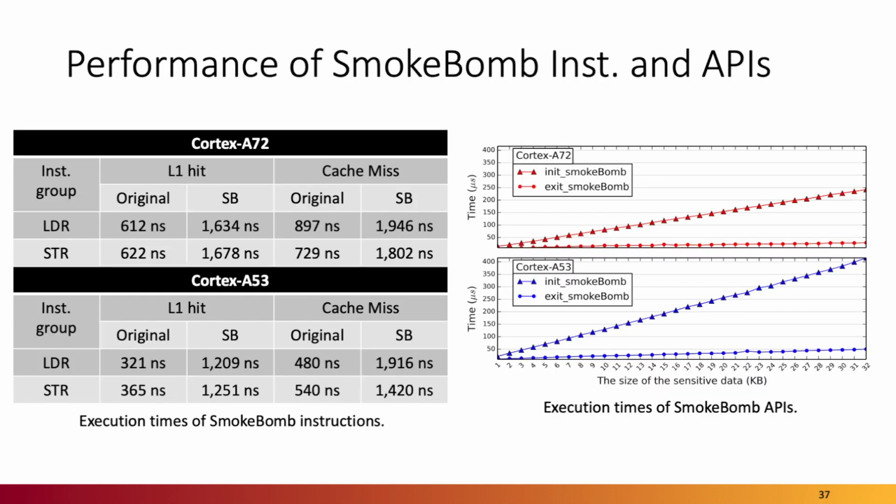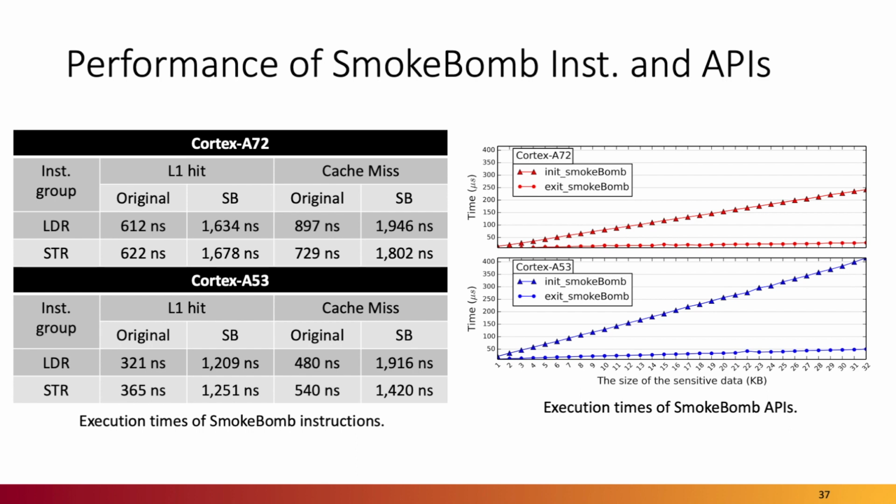Next, we measure the performance of SmokeBomb instructions and APIs. As the left table shows, execution times of SmokeBomb instructions are substantial. Therefore, the more SmokeBomb instructions that execute, the larger the resulting performance overhead.